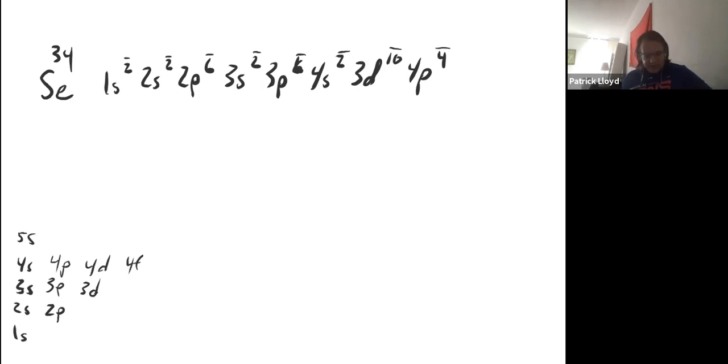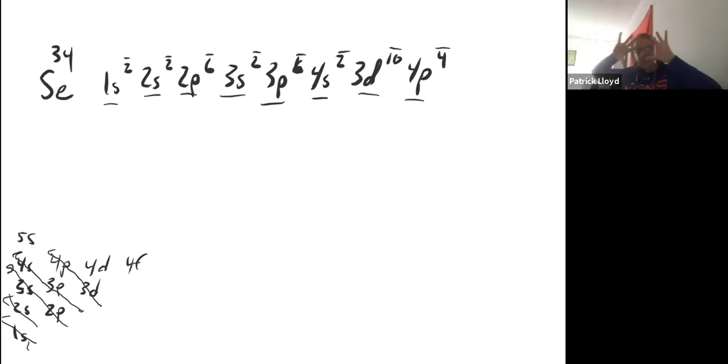You can keep filling these out. So it looks like I got the order right. That's all you have to do. You have to get the order right and then the correct number of electrons. So there you go. So now what do we do?